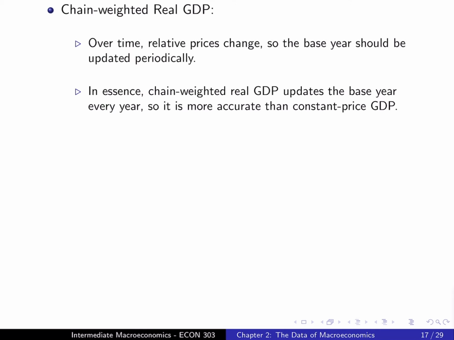Let's look at a more refined way of measuring real GDP called chain-weighted real GDP. One issue with using a single base year for real GDP is that relative prices change over time. As a result, constant price GDP becomes less accurate the farther we get from the base year. Chain-weighted real GDP solves this by updating the base year every year.